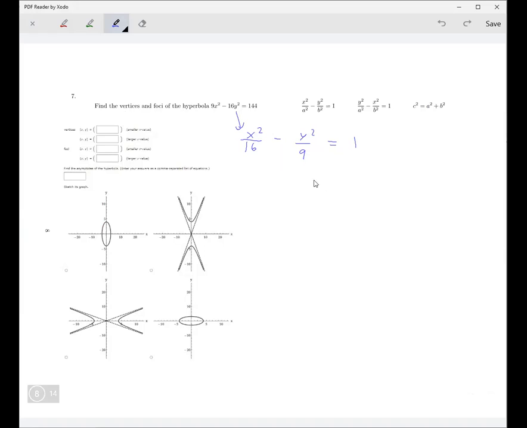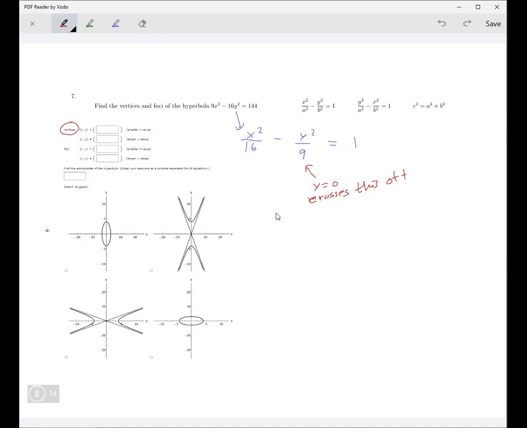Okay, so one way that you can get the vertices is by zeroing out this term right here. So y equals 0 crosses that off.